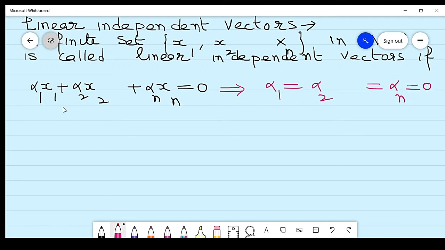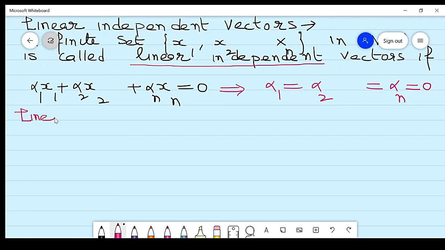If the linear combination is 0 implies all alpha are 0, then it is called linear independent. If at least one of them is non-zero, then it is called linear dependent. So remember this: if all alpha are 0, it is linear independent. If at least one is non-zero, in that case it is linear dependent.